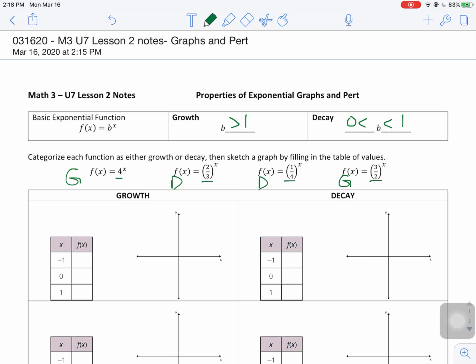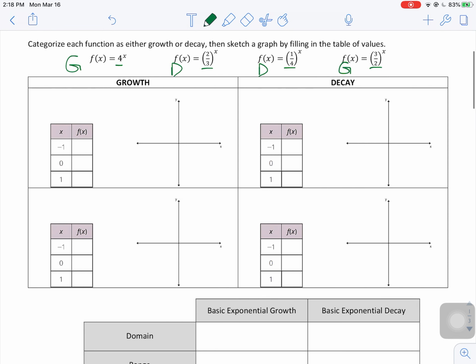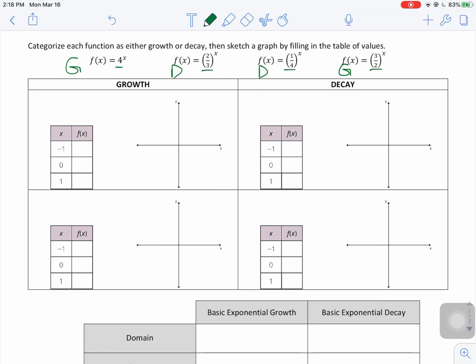In this next section, we're going to take our 4 functions and we'll put the 2 growth functions on the left and the 2 decay functions on the right. Let's call this one f of x equals 4 to the x. And then below that, let's do f of x equals 3/2 to the x.